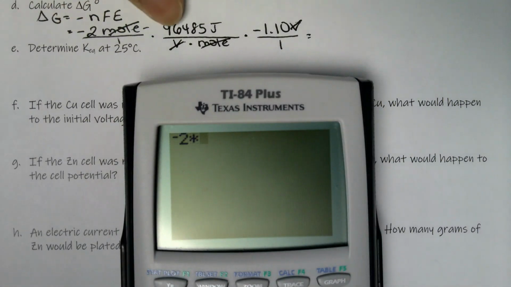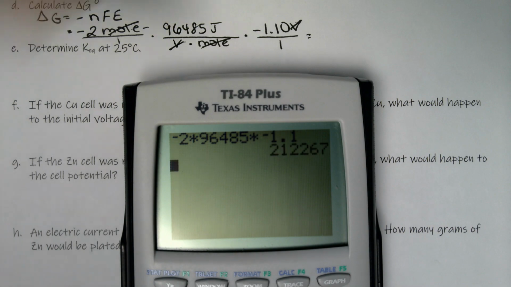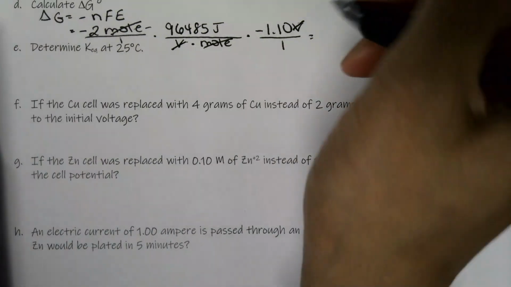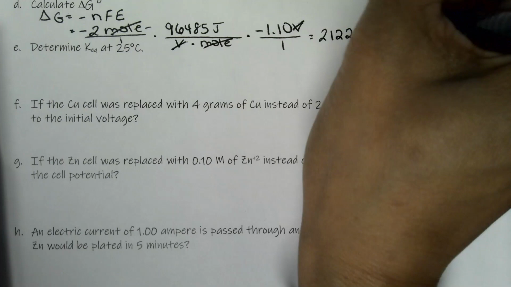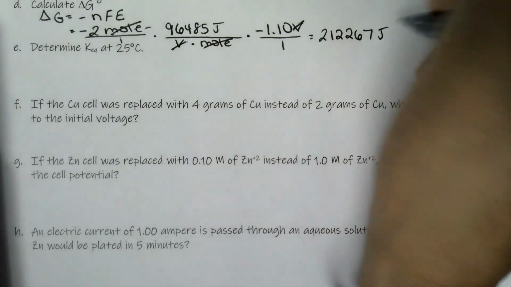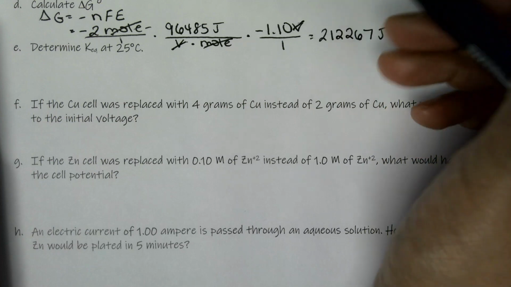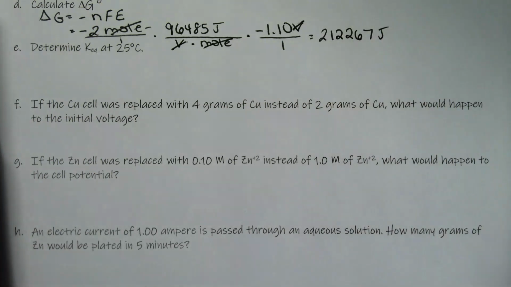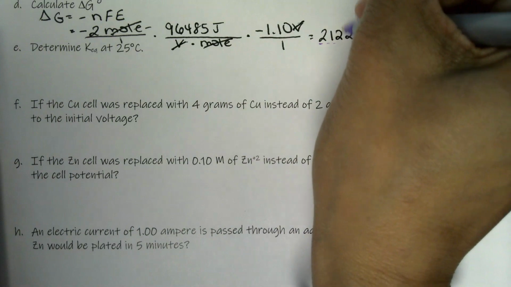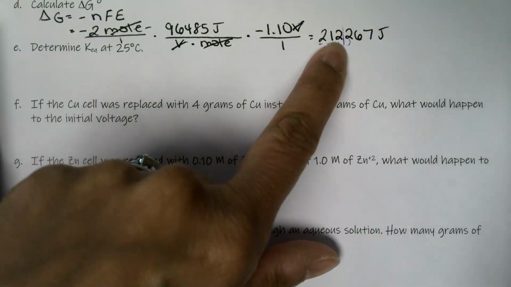Negative 2 times 96485 times a negative 1.1, and that is 212267 joules. If we're thinking about probably 3 sig figs here, I'm going to go 1, 2, 3. That 2 doesn't do anything to that 2.